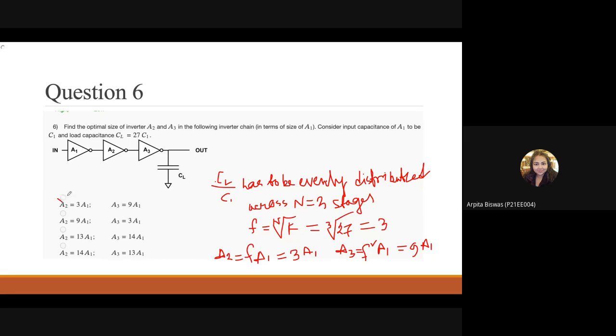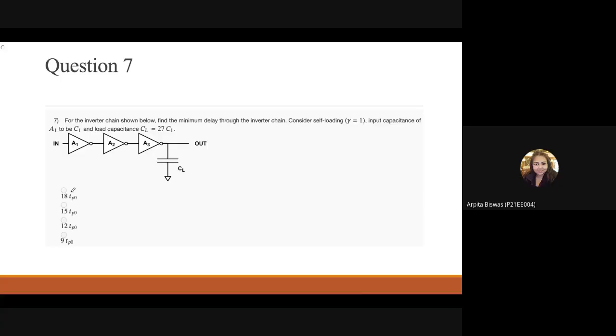Hello? Yes, ma'am. So this is question number 7. For the inverter chain shown below, find the minimal delay through the inverter chain. Consider the self-loading gamma equal to 1, input capacitance of A1 to be C1, and load capacitance CL equal to 27 C1.